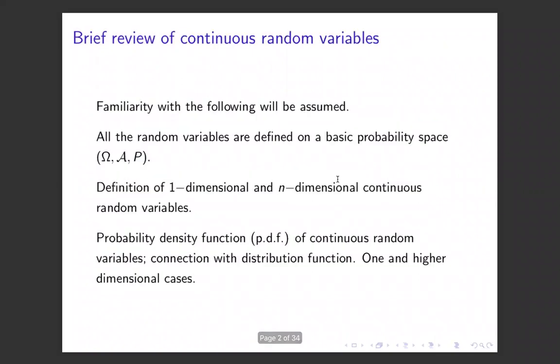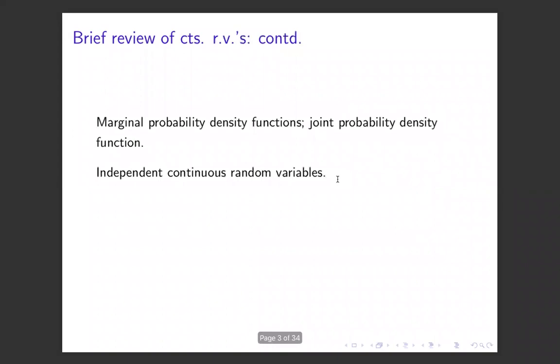Of course, if you want to note down, you may note down. And the notion of marginal probability density functions and joint probability density function. So when we talk about joint probability density function, it concerns more than one random variable and so on.